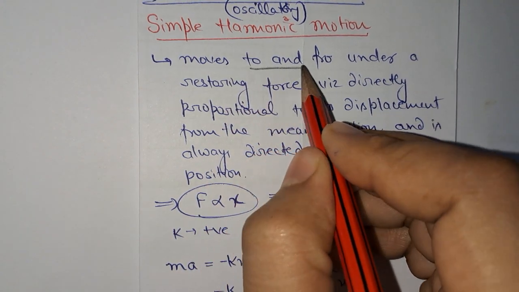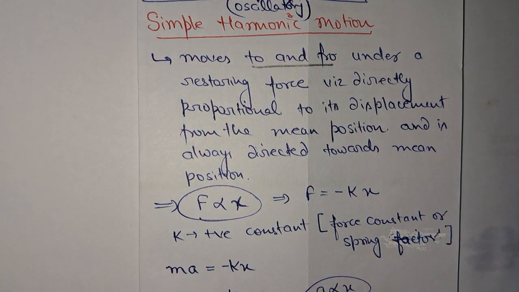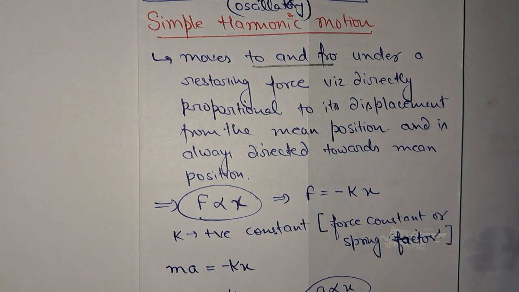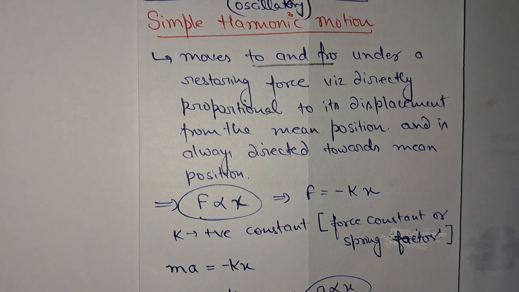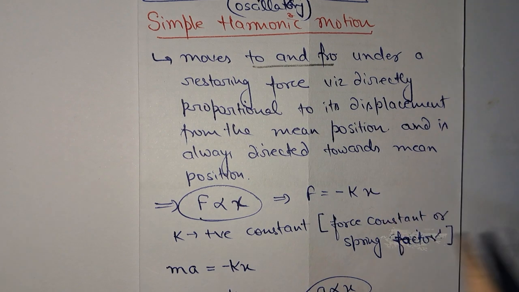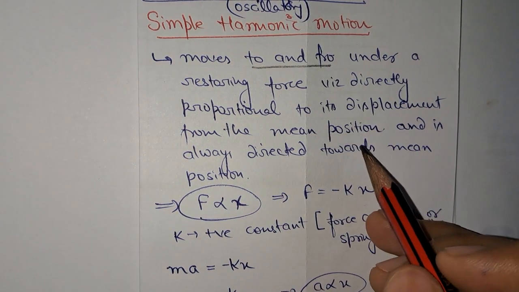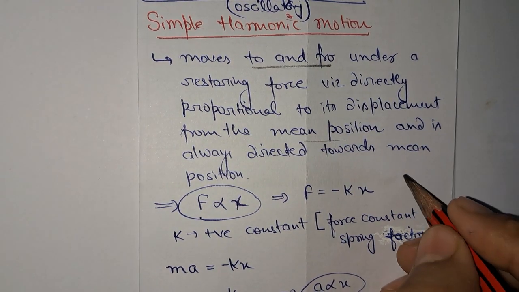It is the to and fro movement under a restoring force, such as a pendulum, such as a spring, such as a floating cylinder. All these substances do simple oscillatory or also known as harmonic motion. And this motion is directly proportional to the displacement from the mean position.